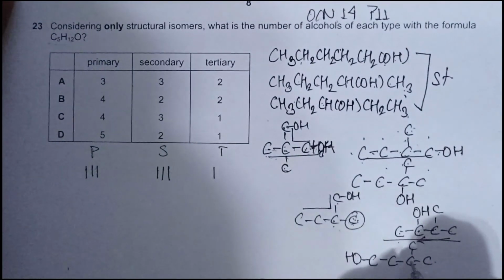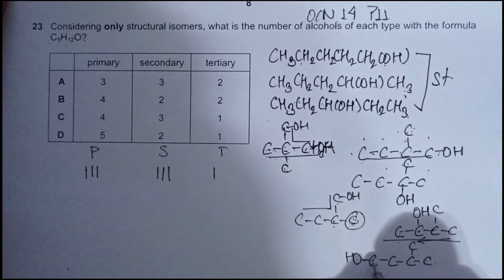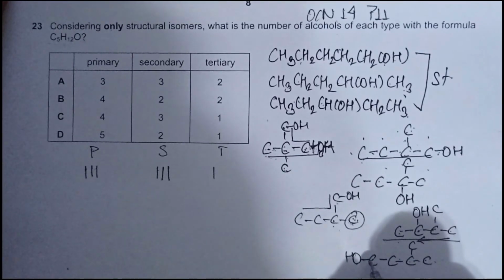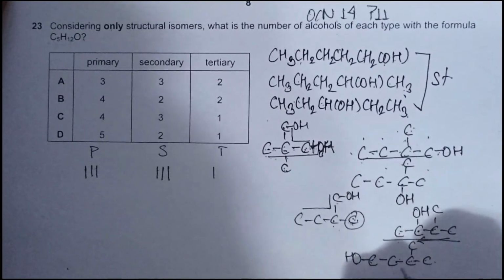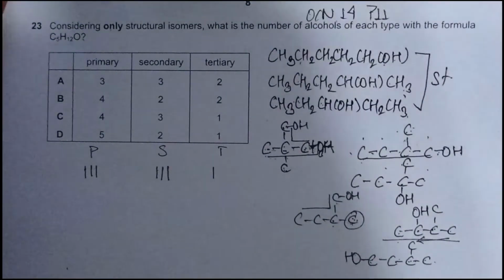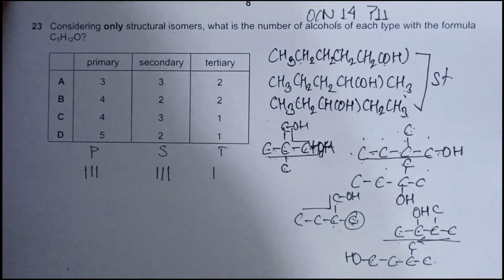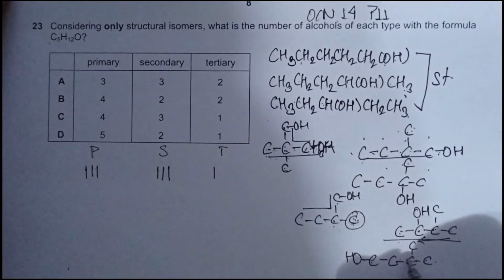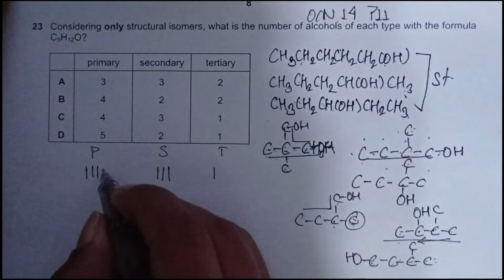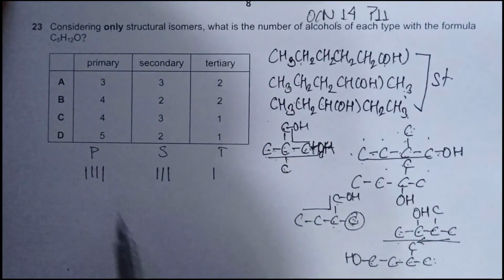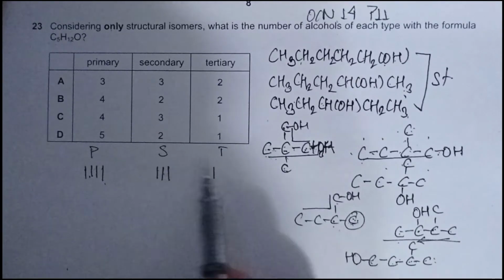In this case it is 2-methylbutan-4-ol, or 3-methylbutan-1-ol. Yeah, 3-methylbutan-1-ol is the correct one, because 3 and 1 gives 4, and 2 and 4 would give 6. So this is 3-methylbutan-1-ol, and this is a primary alcohol. Adding primary, we have 4 thus far, secondary 3, and tertiary 1.